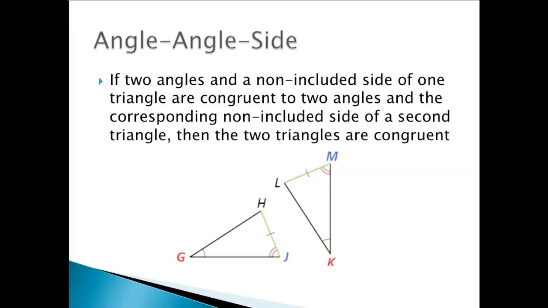It's not the side that's between angle G and J, but notice how it is the one that is connected to angle J. Angle J corresponds to angle M. So you can see how LM on the other triangle is the corresponding non-included side to HJ. If we have that information, we can state that triangle GHJ is congruent to triangle KLM.